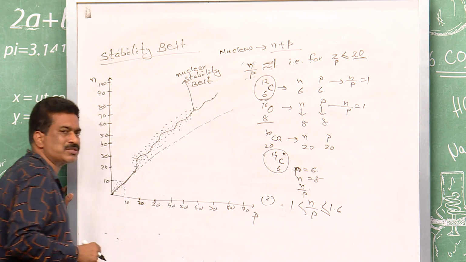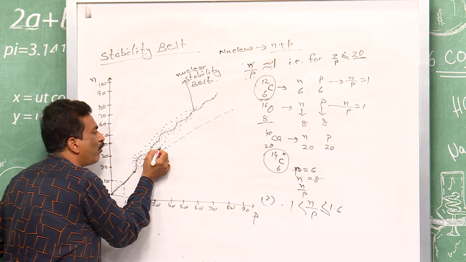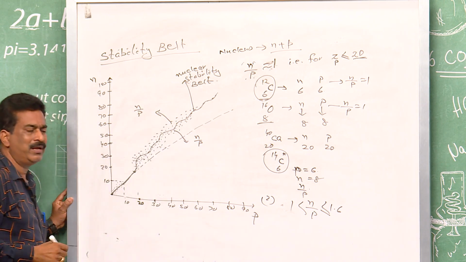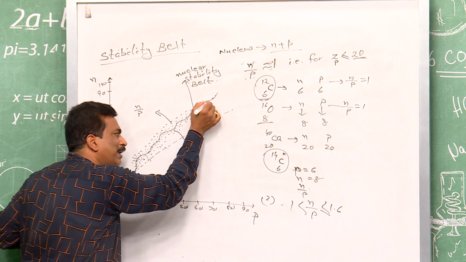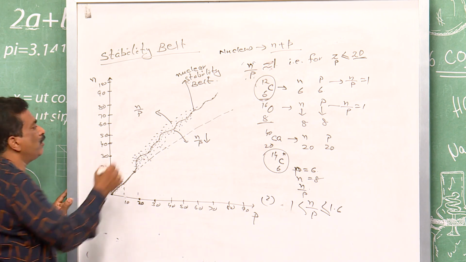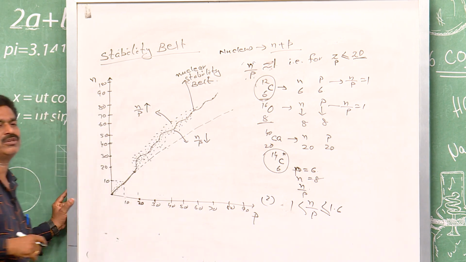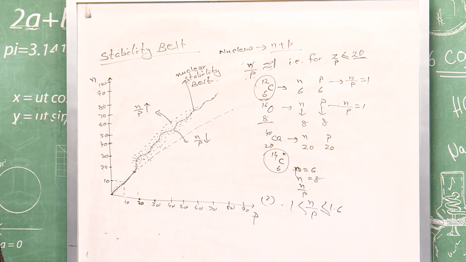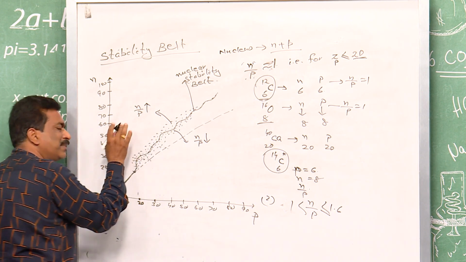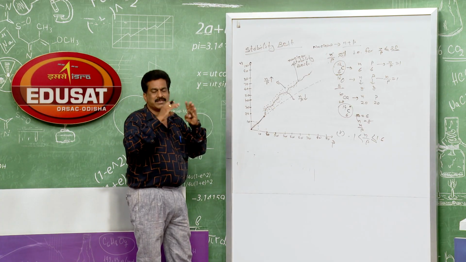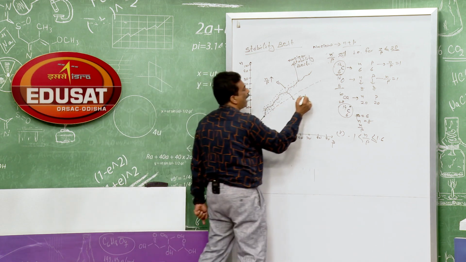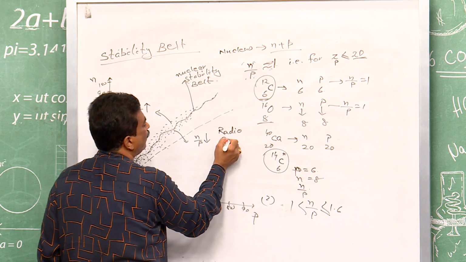Below this belt, n by p is a lower value, and above it, n by p is a higher value. Elements that remain in these regions are not stable, and they emit their constituent particles from either side. In that way disintegration happens, and that disintegration process is known as radioactivity.